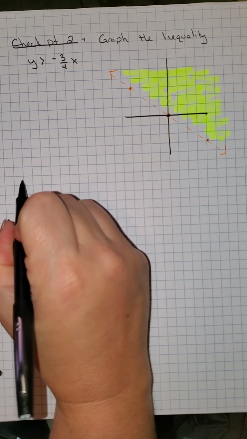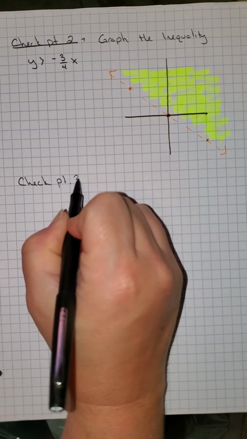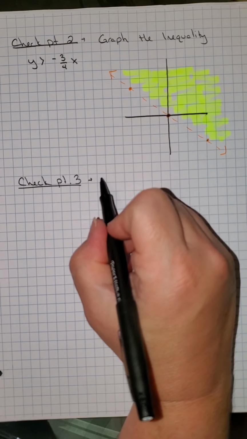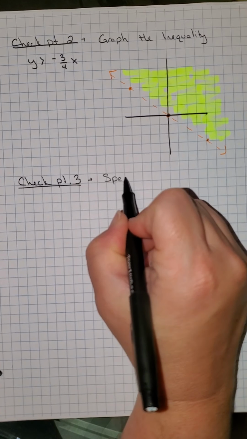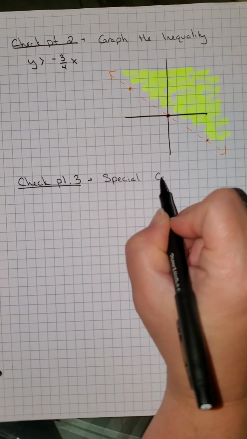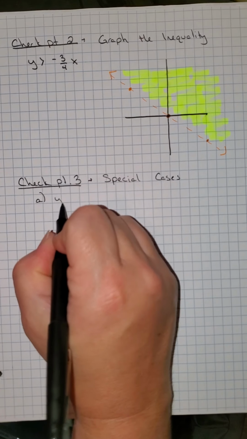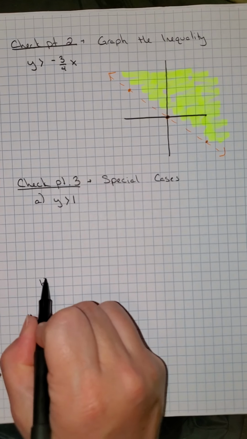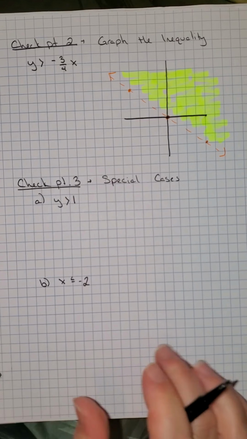Checkpoint 3, we have two special cases. And that's when you only have one variable. So for A, we have y is greater than 1. For B, we have x is less than or equal to negative 2.